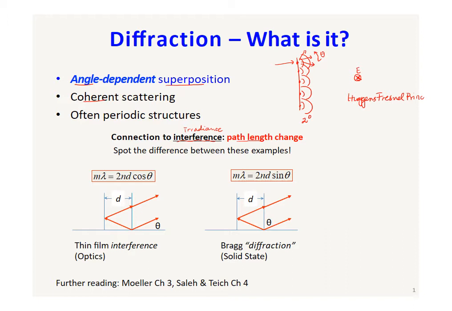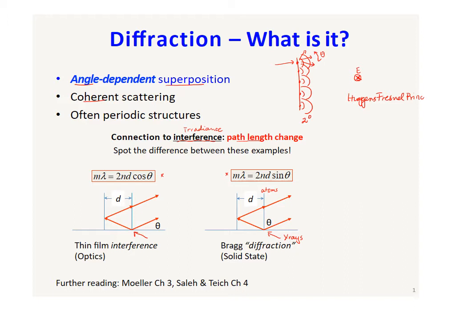If we look at these two examples, one of interference where we have light coming into a thin film, reflecting off two surfaces and recombining, and we compare that to diffraction where we have, for example, X-rays coming in and reflecting off rows of atoms, you can see from their equations that pretty much the same thing is going on.